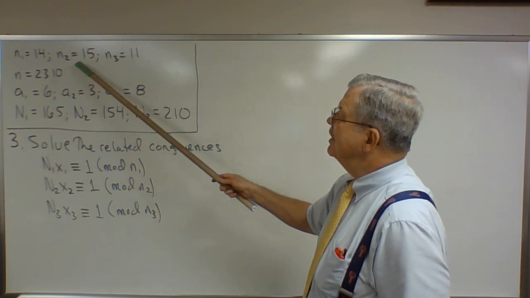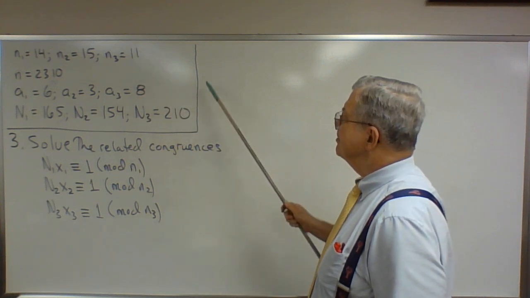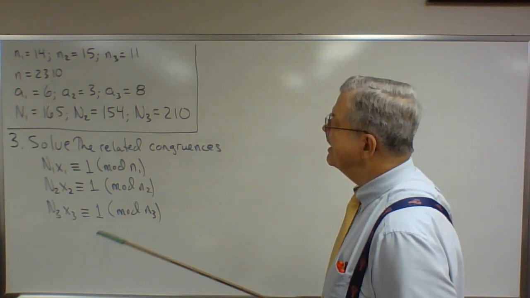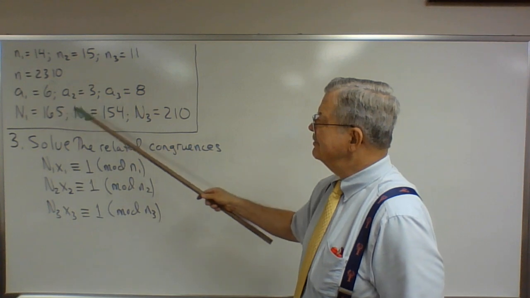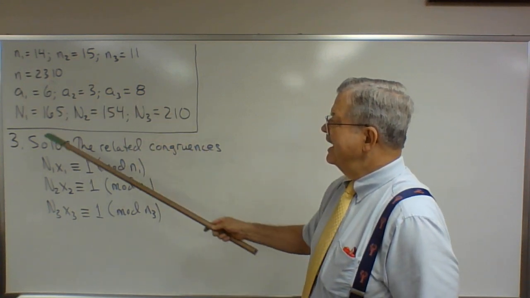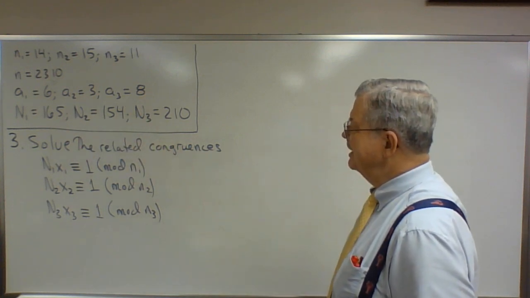We have our N1, N2, N3. I should probably put a note here that says don't erase, so I don't erase it. This is our little n, 2310. A1 is 6, A2 is 3, A3 is 8. And capital N1, capital N2, capital N3, we have those written.